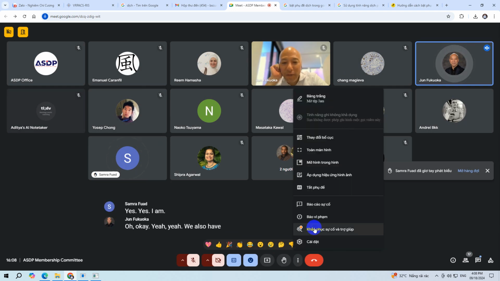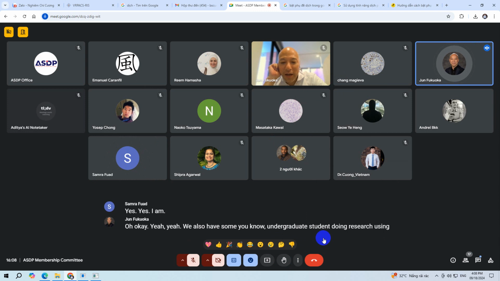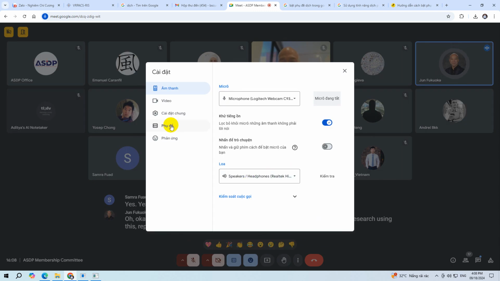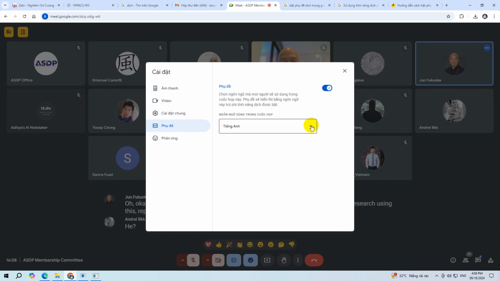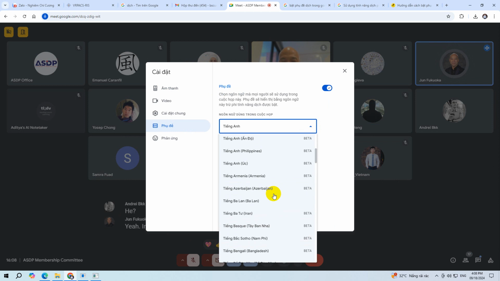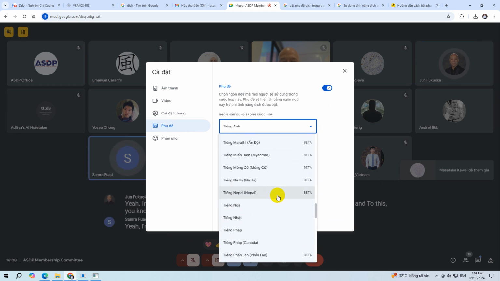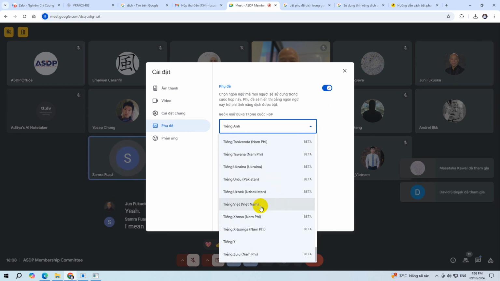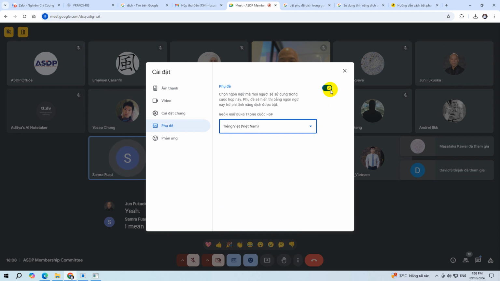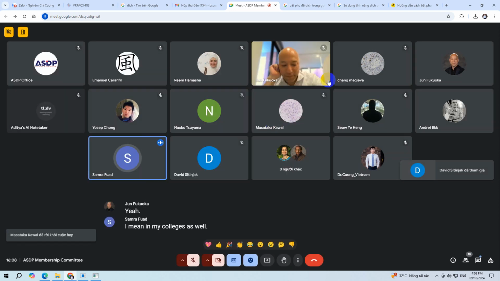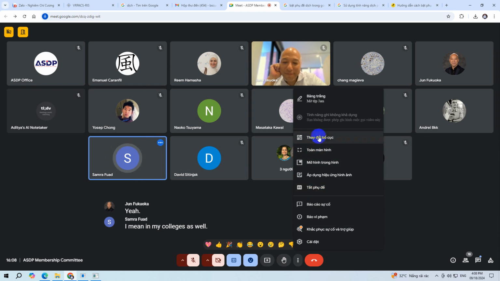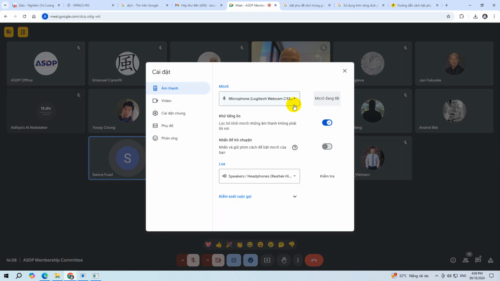We also have some undergraduate students doing research using digital pathology and AI. I feel like this is a good idea to involve those young fellows as members. I'm also actively recruiting people in my college to join a pathology mini club, where I share all the exciting information in pathology.